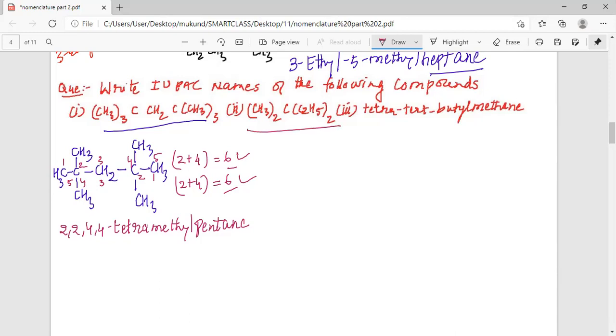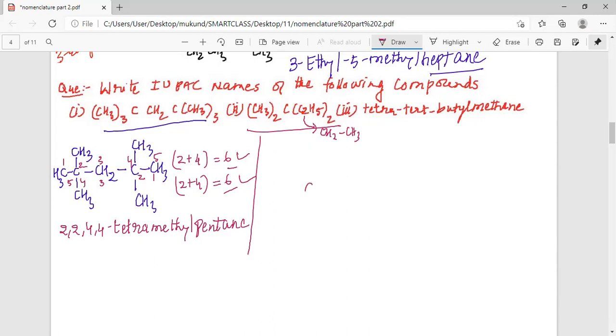Now let's think about this particular compound, my dear students. So here you have CH3 twice, C2H5 twice. So what happens here, my dear student, is that this C2H5, we should write it as CH2CH3. Please understand that this C2H5 we will write it as CH2CH3.